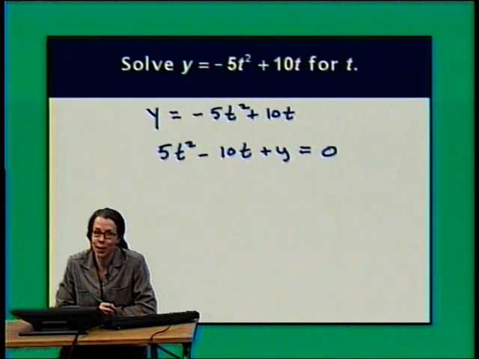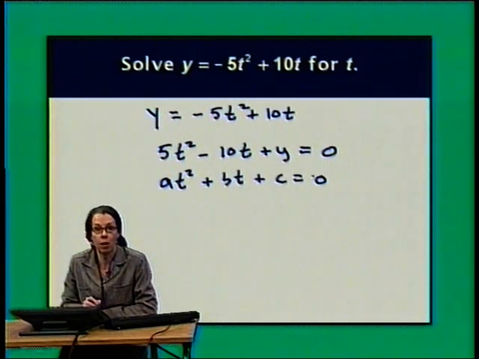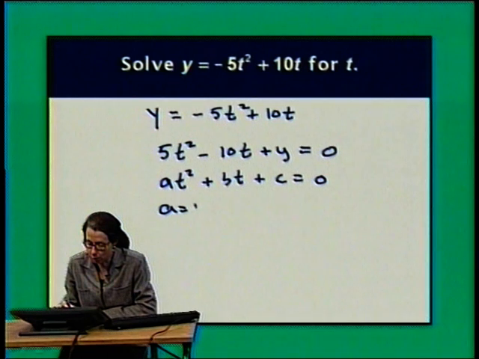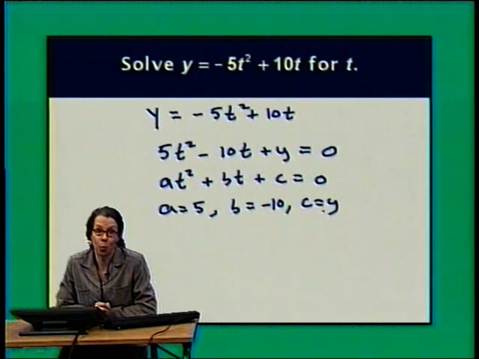It looks kind of funny because of that y there, but this is at squared plus bt plus c equals 0, and in this case, a equals 5, b equals negative 10, and c is the variable y.